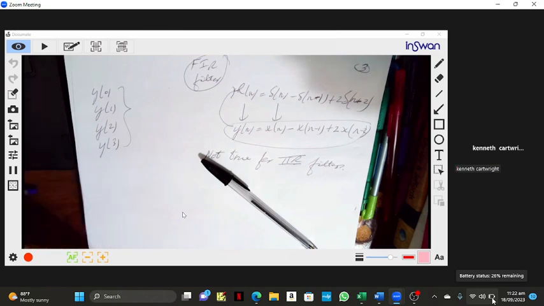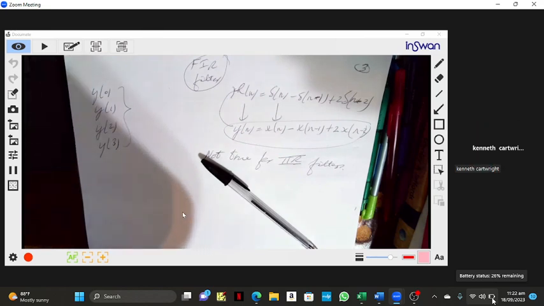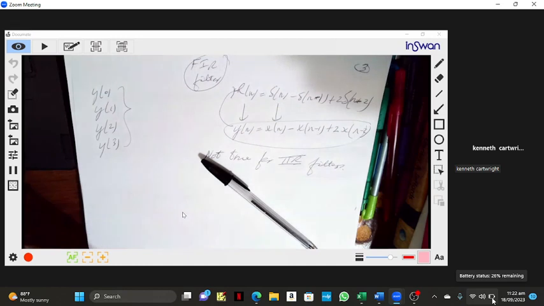Ms. Beauchamp, you have a contribution to make? I was saying, could we use the first graph to find each of the x of n values? I don't want to hear any more about the first graph. I want the names of these graphs. The input signal. You're going to use the input signal to find what? The n values.